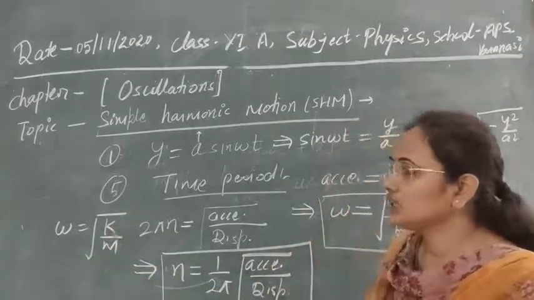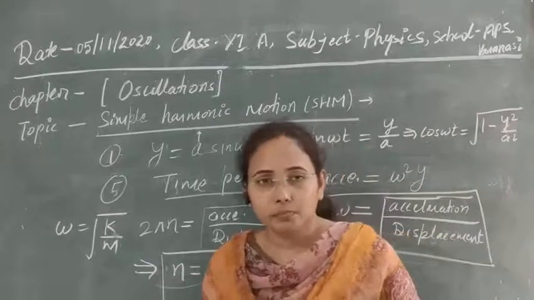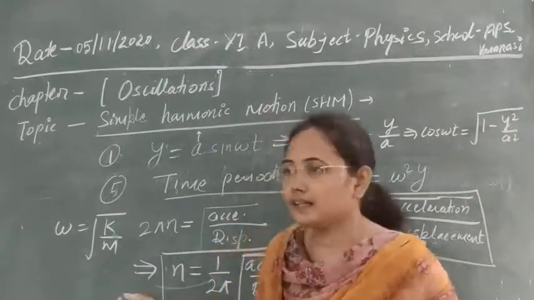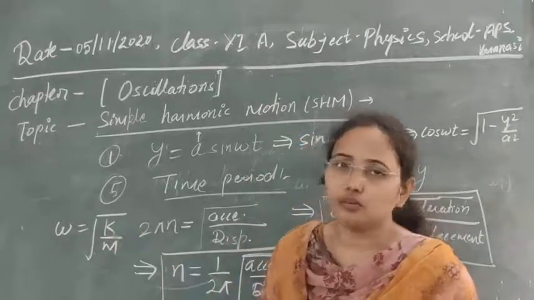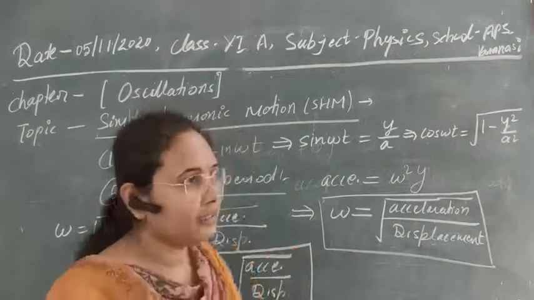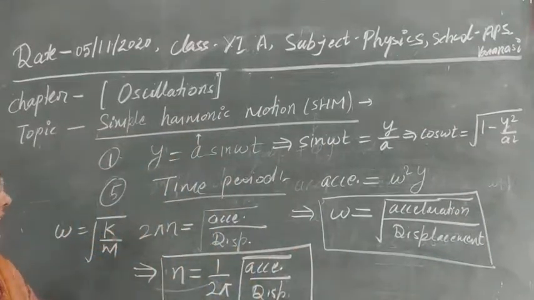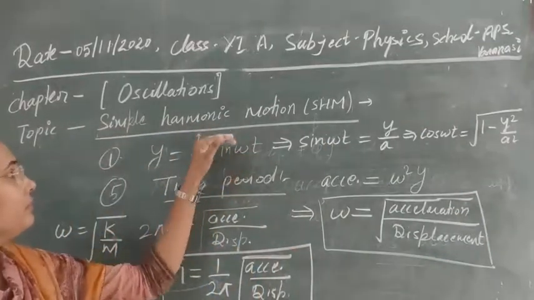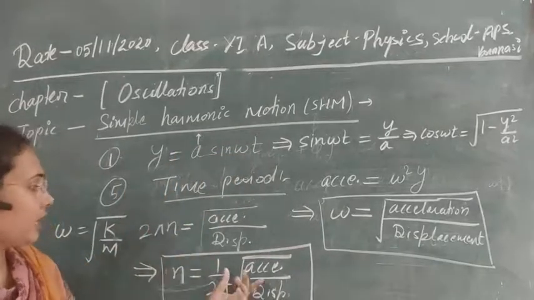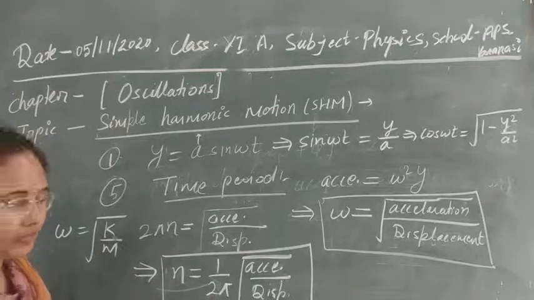So if we are using a spring for the oscillatory motion, and there is the concept of force constant, we can use this formula. Otherwise, if you don't know that, we can calculate it simply with the help of the displacement and acceleration equation of simple harmonic motion in this way.